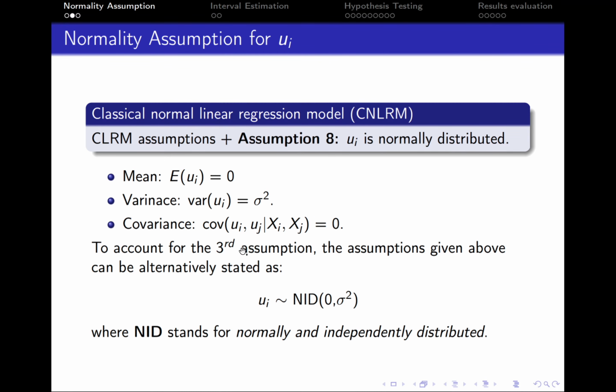To account for the third assumption, we can amend the previous notation a bit by adding NID instead of N, where NID stands for normally and independently distributed. So this independently distributed comes from the third assumption.